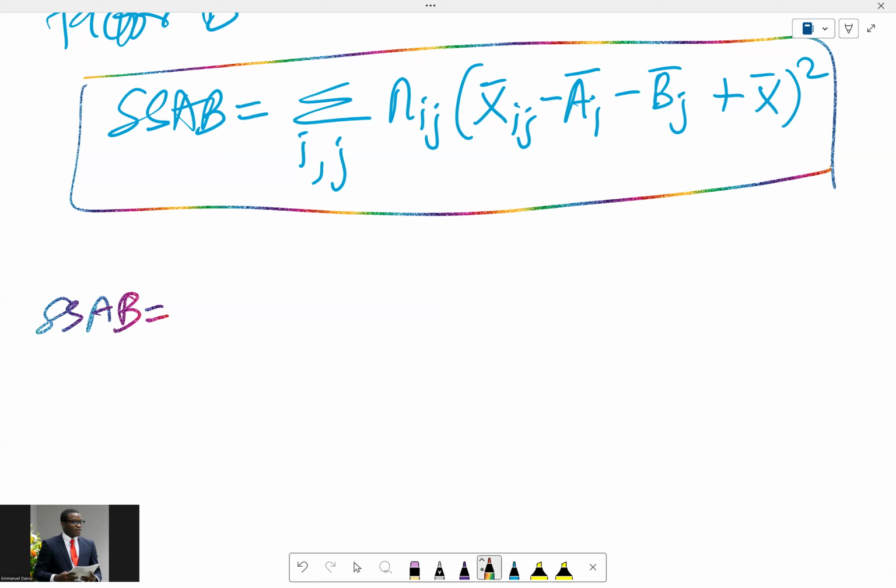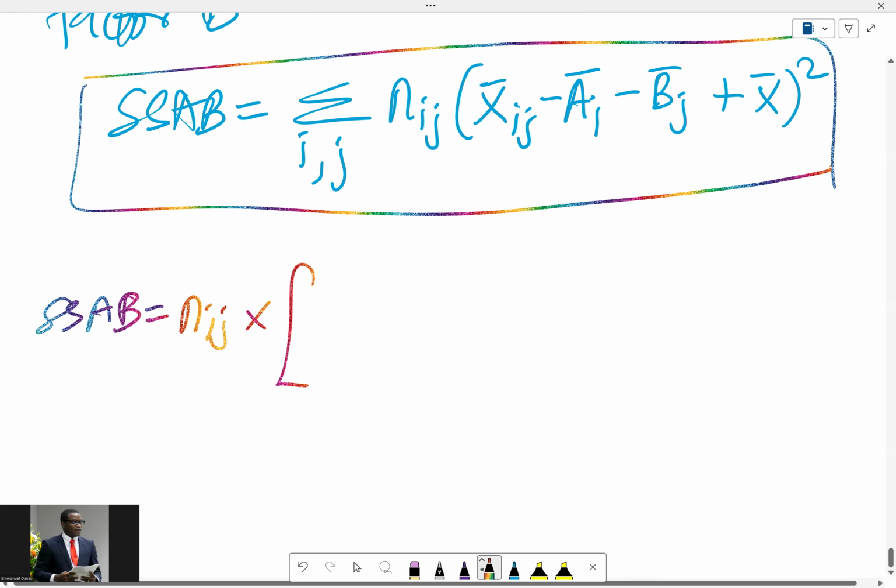So the first one will be x11 bar minus a1 bar minus b1 bar plus x bar, all squared.